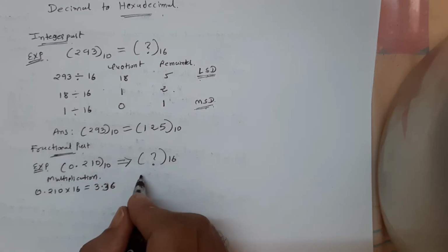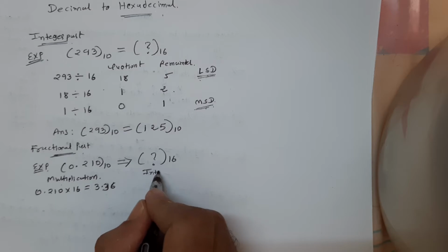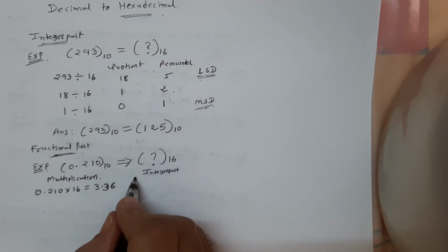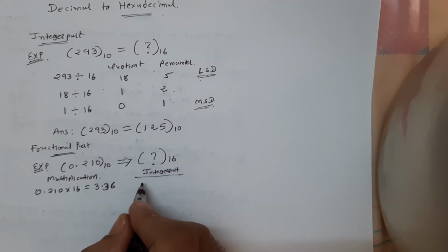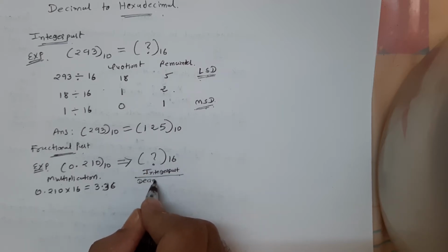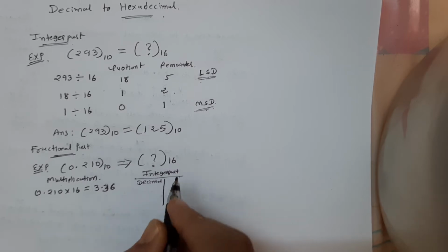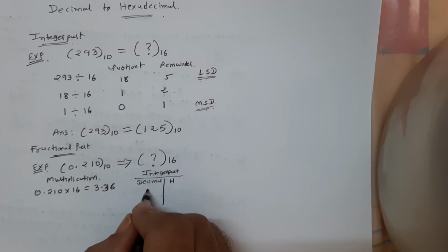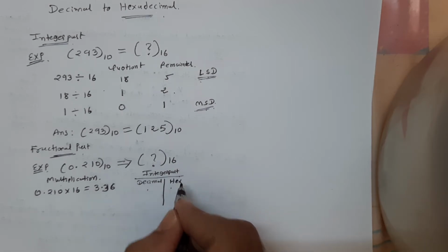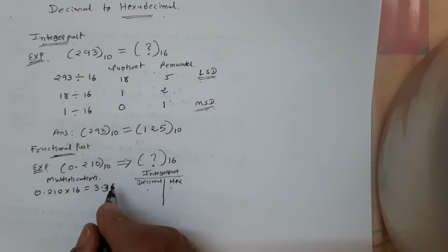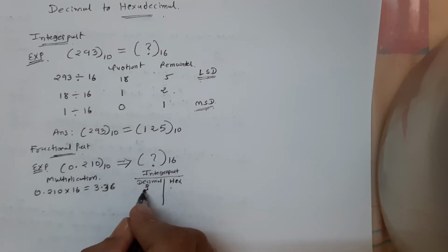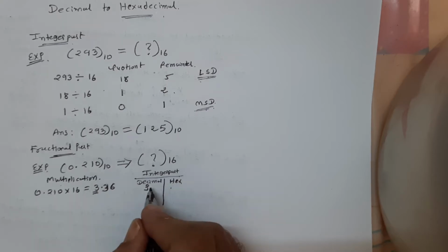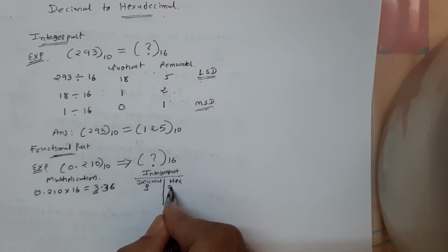Here the integer part, in decimal and in hex. What is the value of the decimal in the form of hex? Right? So here the decimal is 3, and the form of hex is 3.